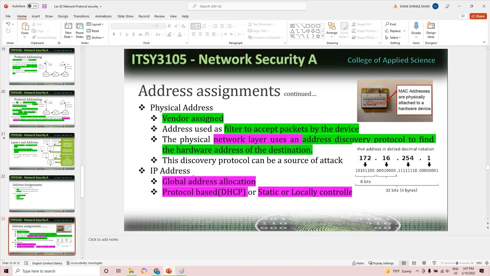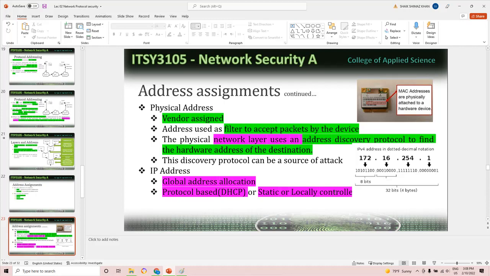IP address, as I said already, is a global address allocation. The ISP providers allocate the IP address. They once again get the IP address from another central organization. So this is called public IP. So no two people can have the same public IP.